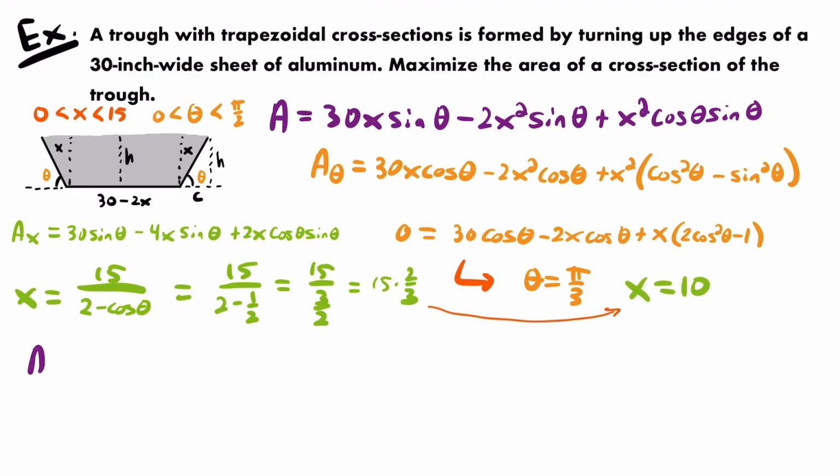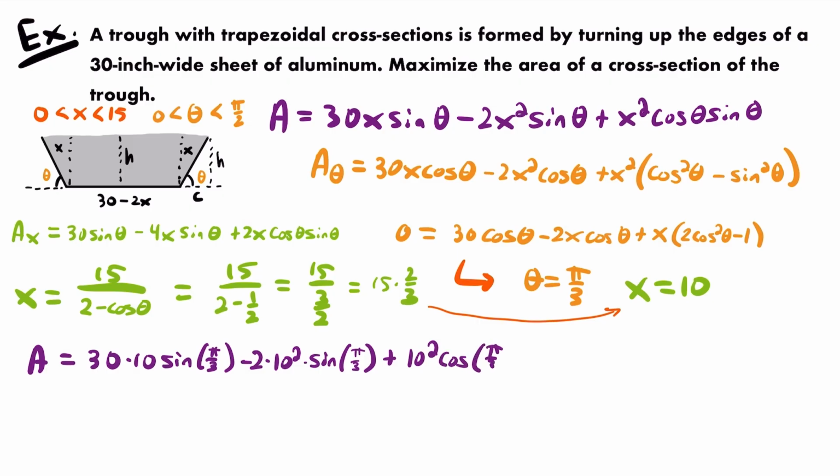We will have that the area A is equal to 30 times x, so 30 times 10, times sine of theta, or pi divided by 3, minus 2 times x squared, or 10 squared, times sine of pi divided by 3, plus x squared, so 10 squared, times cosine of pi divided by 3, times sine of pi divided by 3.